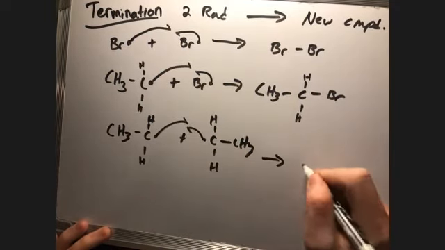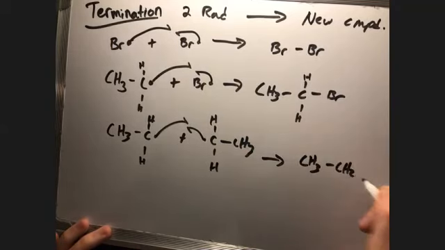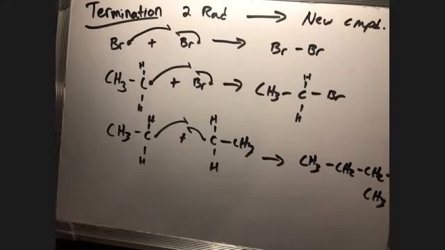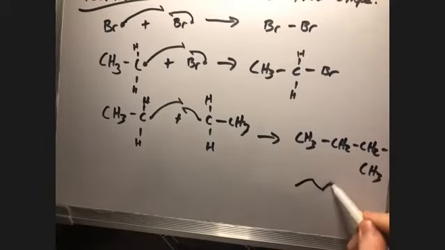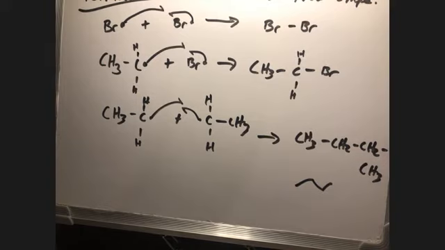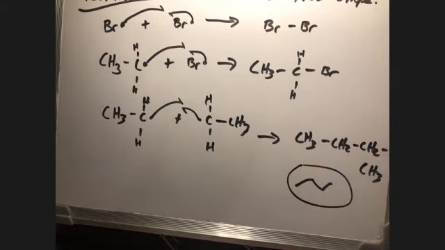And now you just make a longer chain, but I'm out of space. But you make butane. This is butane. So you went from ethane to butane. This doesn't happen a lot. But again, this is why radical reactions are kind of a mess, both to teach and to actually do in the lab, because you're making a bunch of byproducts that you don't want.